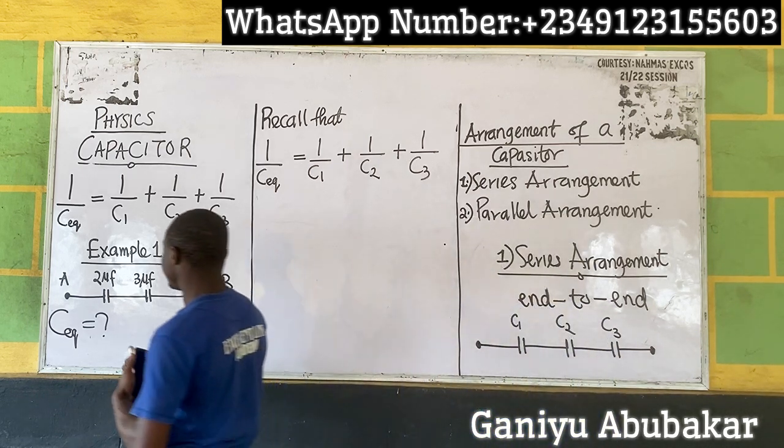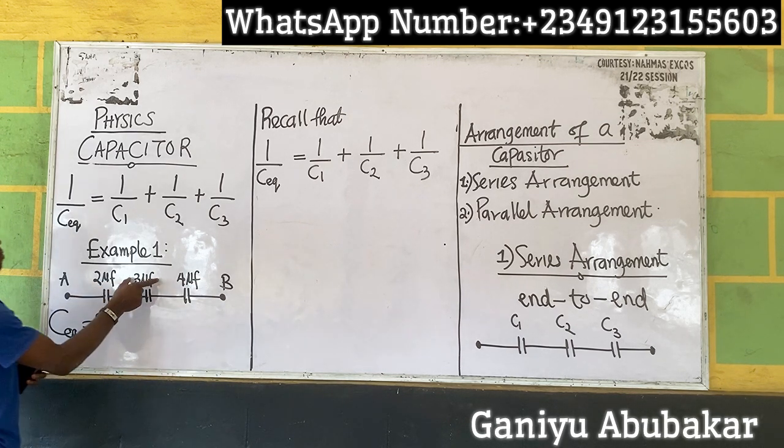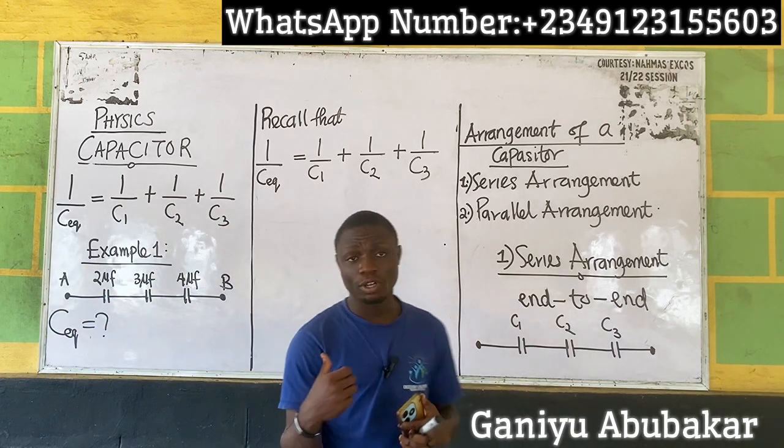Let's say here's my C1, C2, C3. My C1 is 2, my C2 is 3, and my C3 is 4.